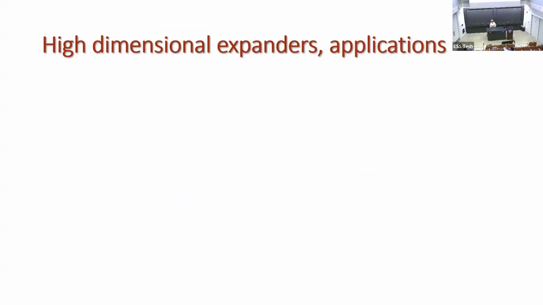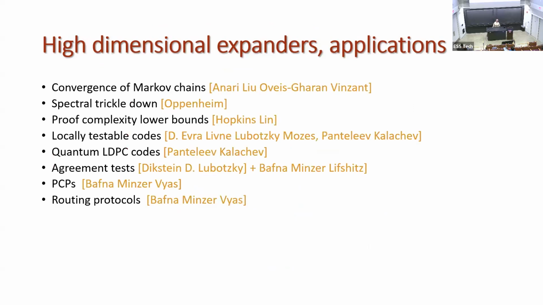Okay, so I guess almost last slide. There have been many interesting applications for high-dimensional expanders, from convergence of Markov chains that I showed you to many different things: new error-correcting codes, new quantum error-correcting codes, PCPs, a lot of different things, because these high-dimensional expanders have this local to global feature in a much more powerful way than just normal expanders.